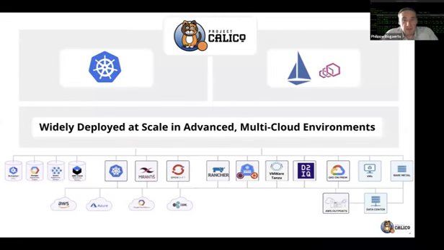Calico can be found in a lot of places. As I already mentioned, you can find Calico open source as well as the enterprise editions in the largest public managed clouds. Of course, you can use Calico also in on-premise scenarios where it's native Kubernetes, or you use Docker Enterprise, which is now Mirantis, or OpenShift.